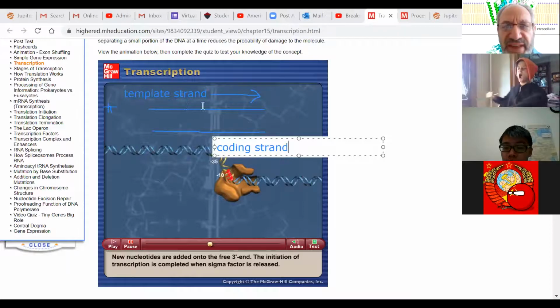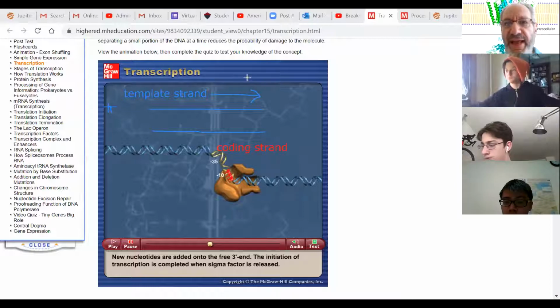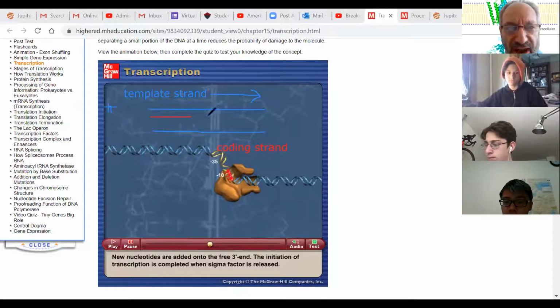So if we're building in this direction, and we're going to add a second strand, the question is, 3 prime, 5 prime, 5 prime, 3 prime. Which is it?